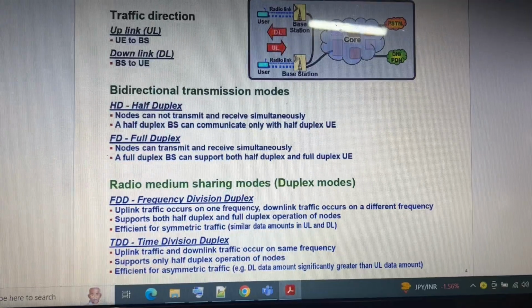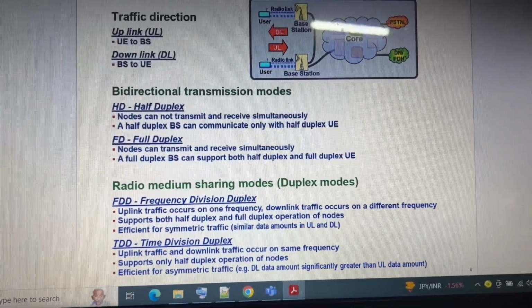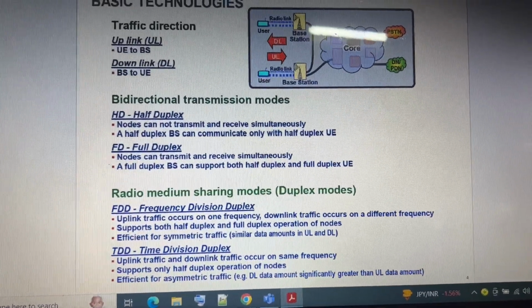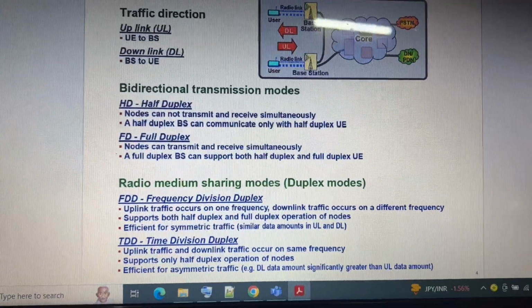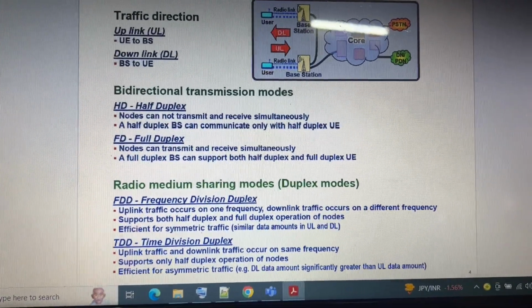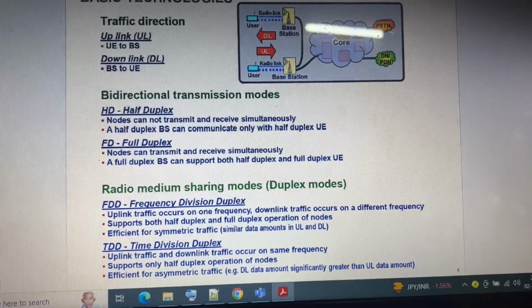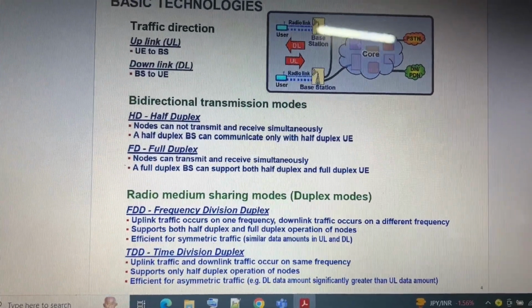FDD supports both half duplex as well as full duplex modes of operation, and is efficient for symmetric traffic, meaning similar data patterns are observed in DL and UL. That is called FDD. What comes in TDD? In TDD, uplink and downlink occur on the same frequencies. I mean, the frequencies in the downlink and the frequencies in the uplink are the same in case of TDD systems.